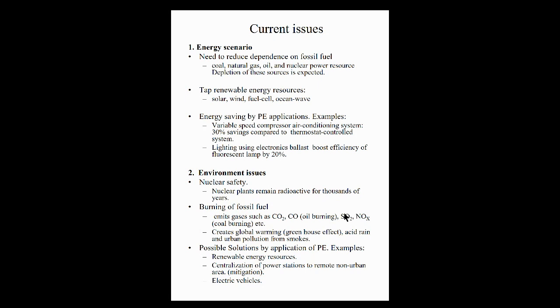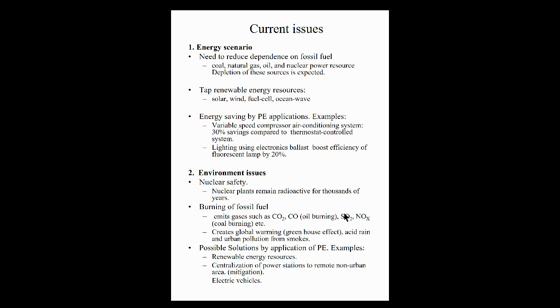So 30% savings can be realized when we compare this to a thermostat control system. That's the older type of unit, the one that you'll not see the inverter type written on it. What is inside is the thermostat.